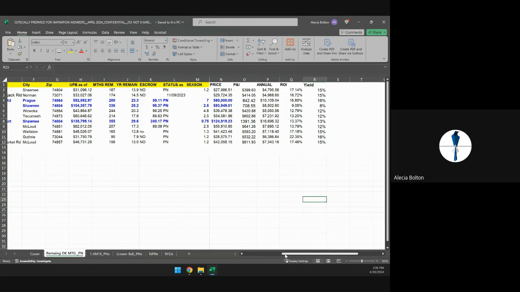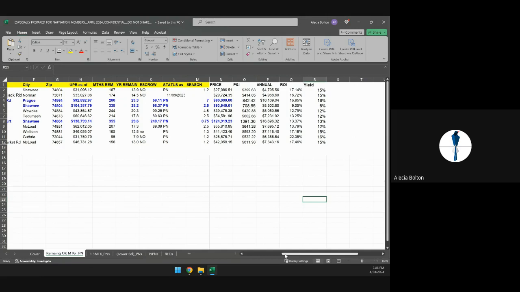Your yield starts decreasing faster the smaller the monthly payment is. If you're looking at your net yield, the higher your servicing fee is and the smaller your monthly payment is, the more yield you're losing to that servicing fee. For a performing note, the average servicing fee is about $30 a month.